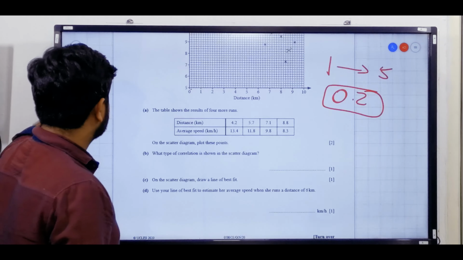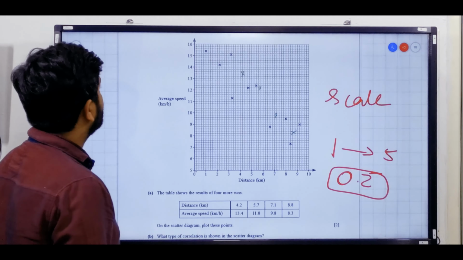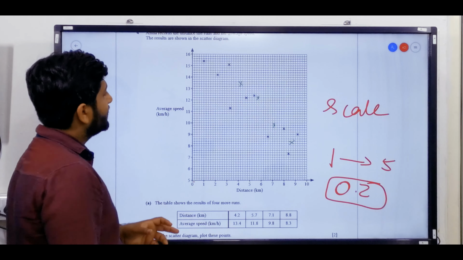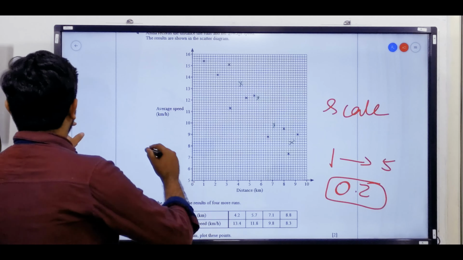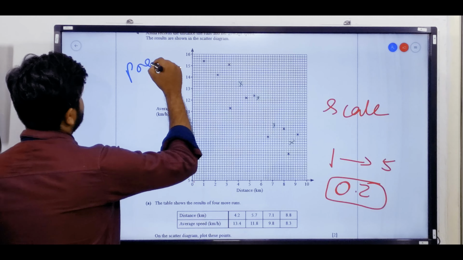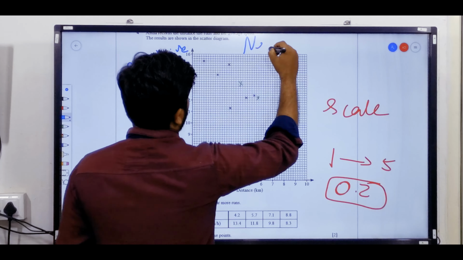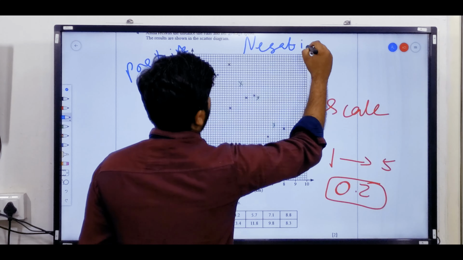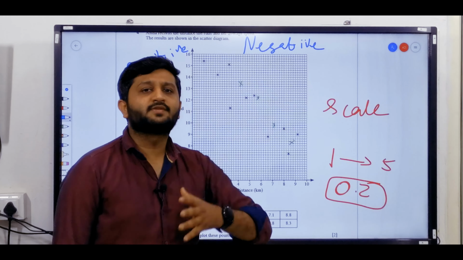The next part of the question is, what type of correlation is shown in the scatter diagram? There are generally two types of correlation. First is a positive correlation and the second one is a negative correlation. Sir, how do you identify whether a correlation is positive or negative?